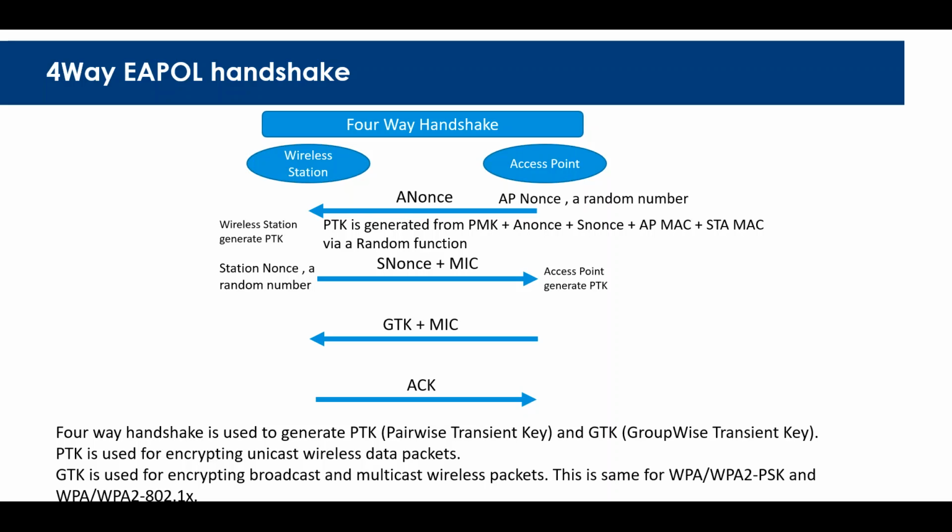Then it will send the ACK packet as the completion of the four-way handshake. With this four-way handshake completion, the access point as well as the client will have two keys for encrypting and decrypting unicast packets as well as encrypting and decrypting multicast and broadcast packets.